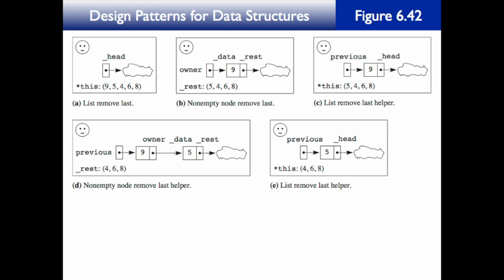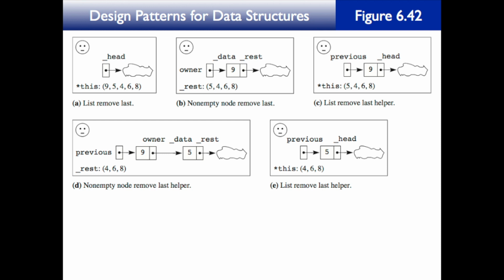Now compare part E of this figure with part C. You see what has happened is we have worked our way down the list. So it's the same kind of environment where our attribute is underscore head and previous points to the node whose underscore rest is us.